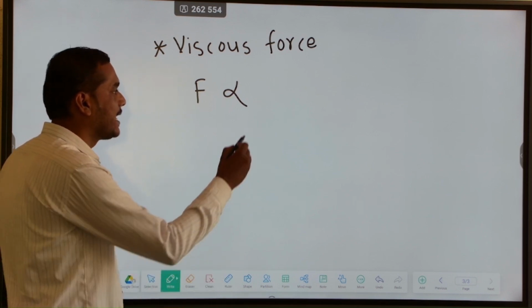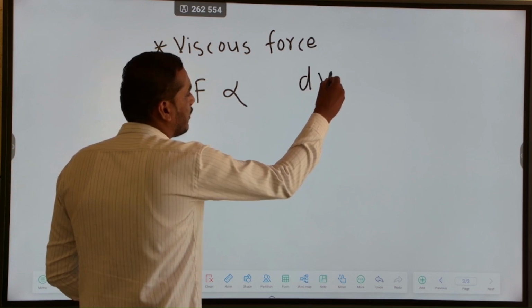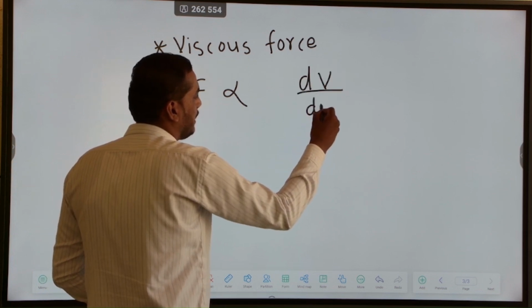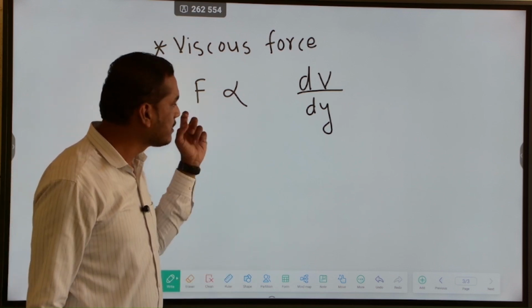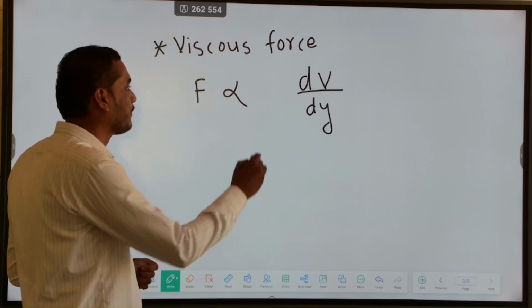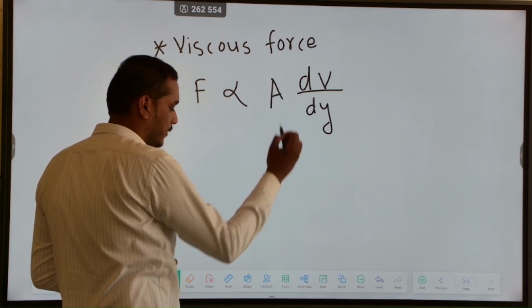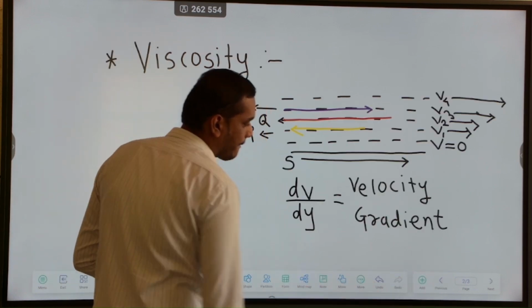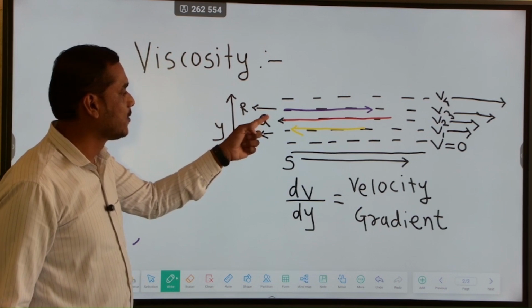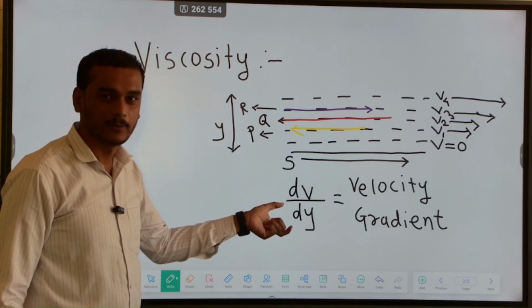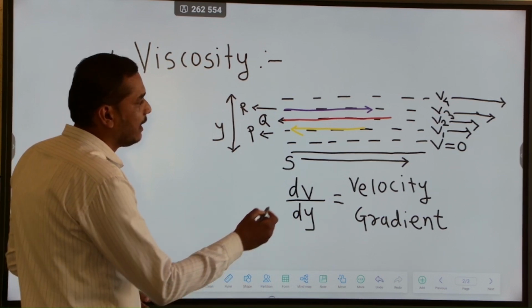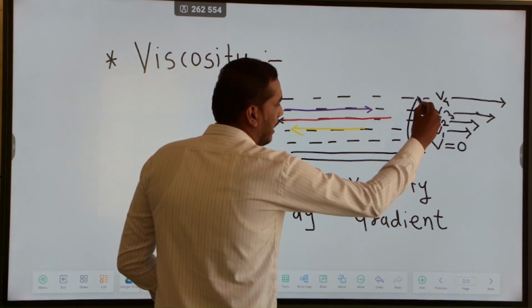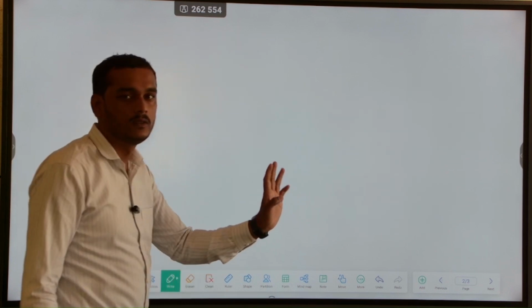Viscous force is directly proportional to the velocity gradient dv by dy, that is change in velocity with respect to distance, and is also directly proportional to the area of flow of fluid, that is the area through which the fluid is flowing.